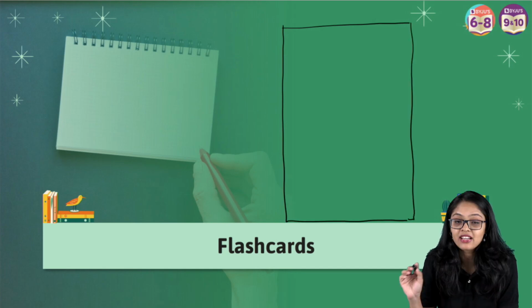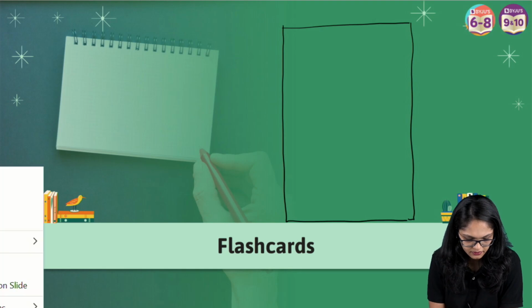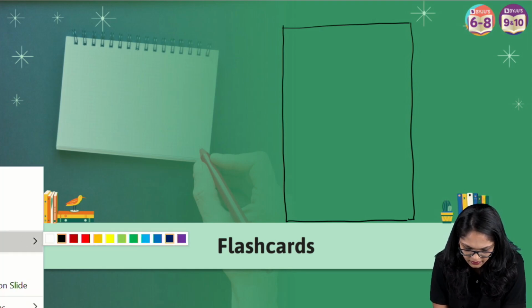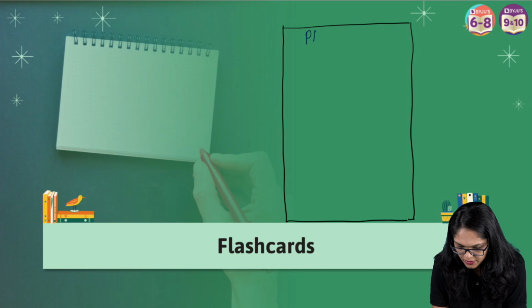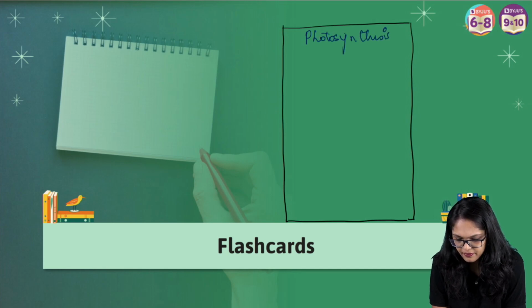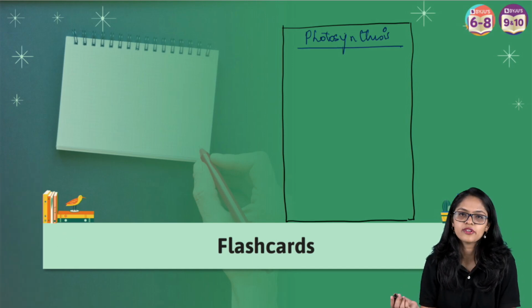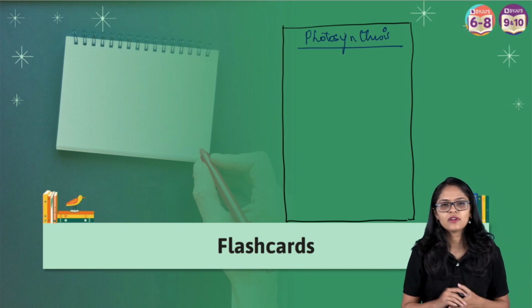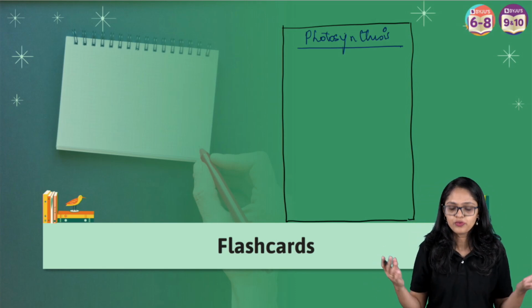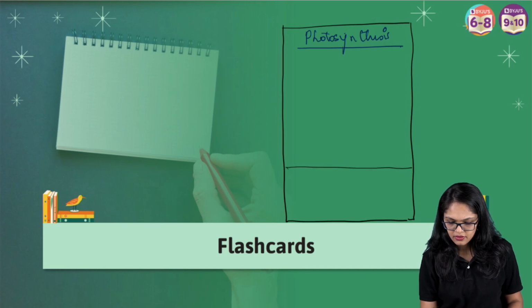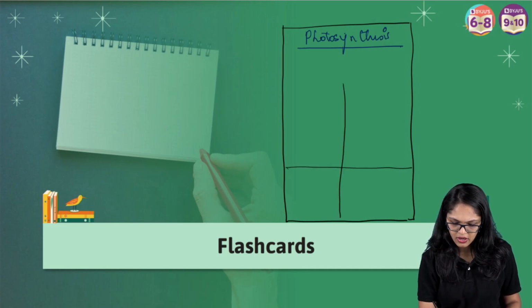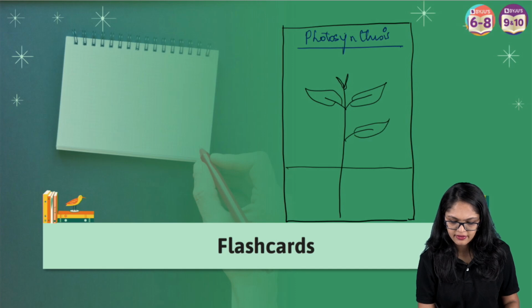And you're making a flashcard on photosynthesis. So you write photosynthesis here. And now you start drawing. What is photosynthesis? This is the process by which plants produce their own food. So you draw a plant here. Sorry, my drawing is not great.